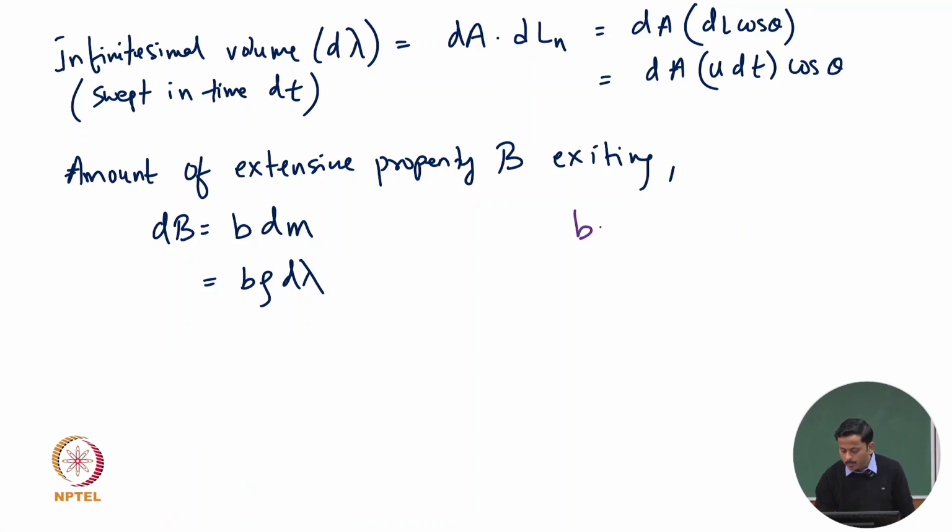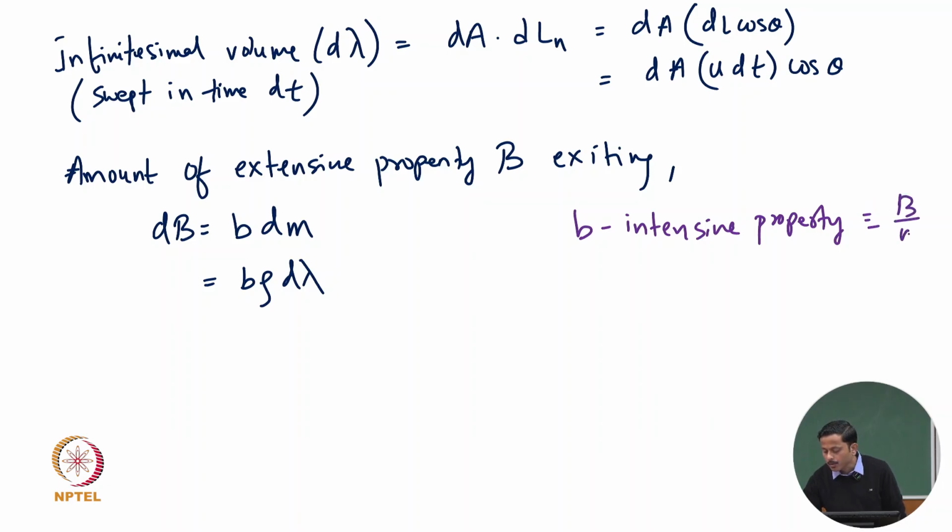Here b is the intensive property corresponding to capital B, and is equal to B by the total mass. So this is an intensive property. This should not depend on the total matter in the system. And rho is the density of the system.